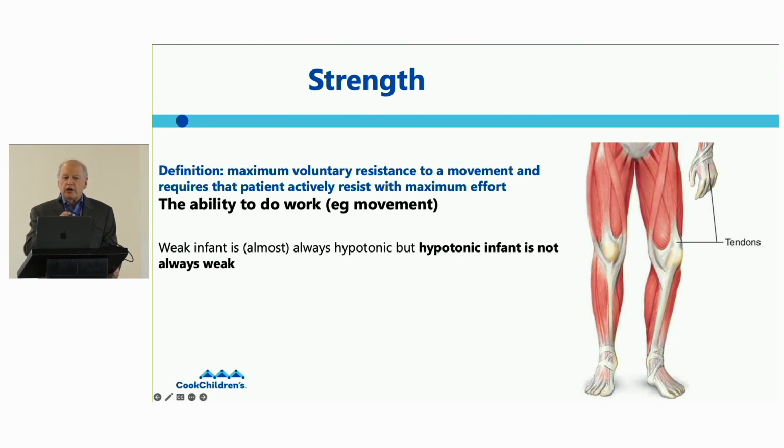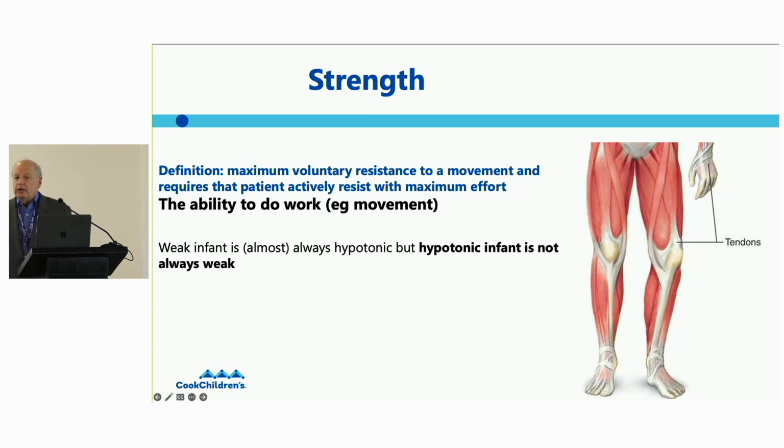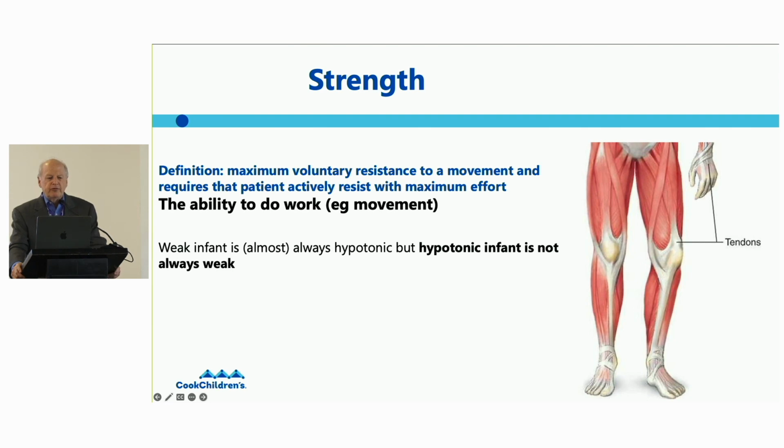So let's first talk about strength. Even though we're going to focus on tone, let's talk about strength first. Strength is the ability of muscles to generate work. So for the legs, that means walking. For hands, that means gripping things. But it's the ability to produce something that results in work. And in order to have the ability to do work, you have to have good tone, good strength.